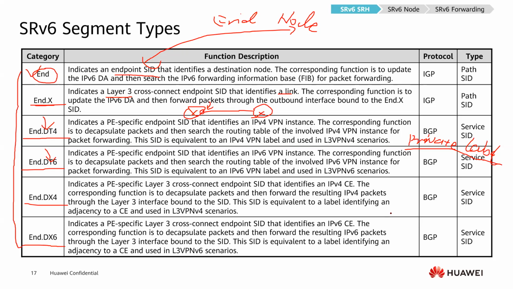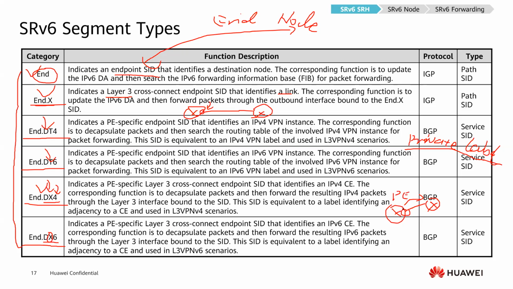Besides that, we have End.DX4 and End.DX6. These indicate which interface I should send out from. So X stands for interface, right? The difference between End.X and End.DTX is that End.DT4 and End.DT6 are most of the time at the PE.